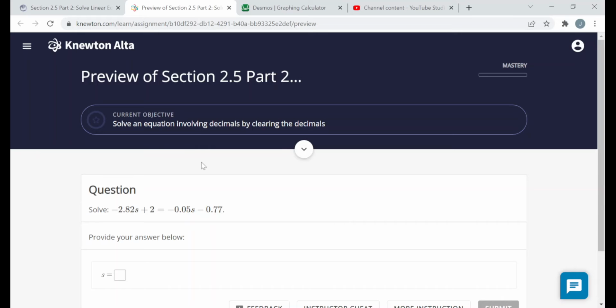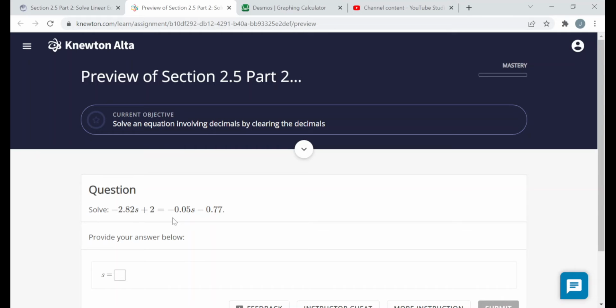Now that number was the least common denominator. Here, the number we multiply both sides by will be some power of 10. So either 10 or 100 or 1,000, 10,000, whatever. 1 followed by a bunch of zeros.